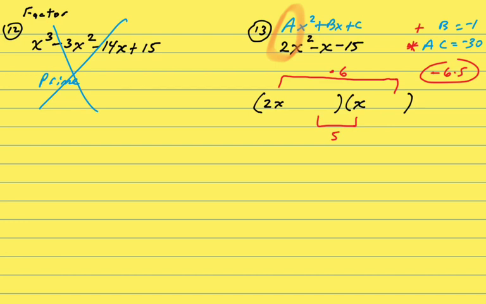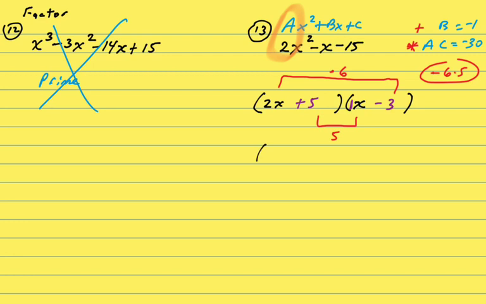Now I'm going to think, 2 times what gives me negative 6? Well, that'd be a negative 3. Then there's a 1 times what is 5? That'd be a positive 5.